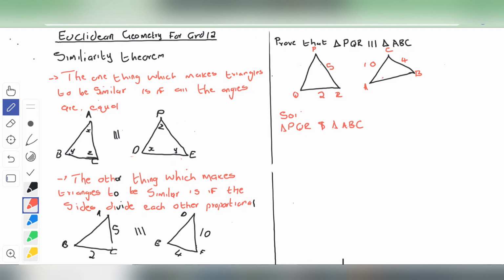We know the value of QR, so let's write it down: QR all over, and the other value that we know from this triangle is PR. So QR is equal to 2, all over PR, which is equal to 5. Therefore, we are done with that.